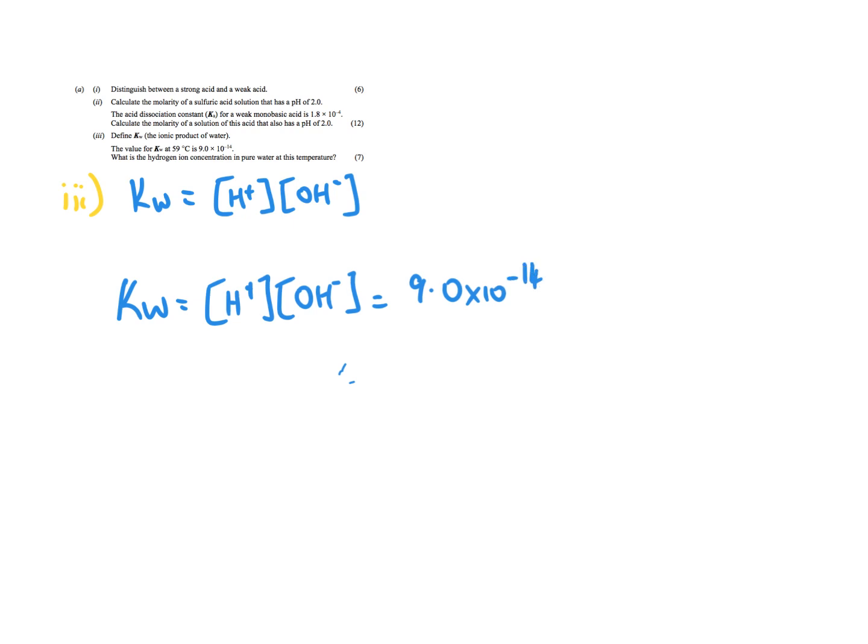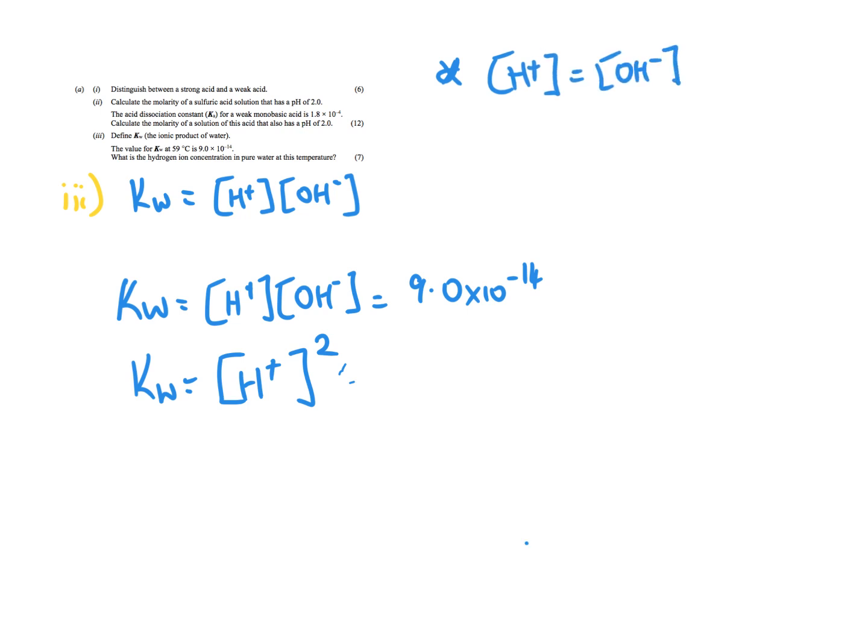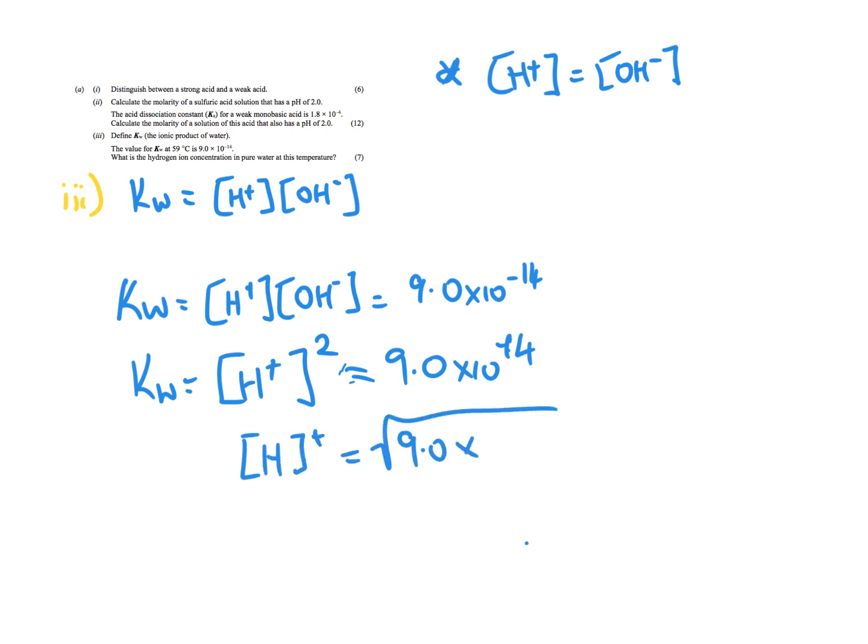We know that the concentration of the H plus and the OH minus ion are equal, so the Kw can be rewritten as H plus squared. So the concentration of the H plus ion will be equal to the square root of 9.0 by 10 to the power of minus 14. That leaves me with the concentration of the H plus ion equal to 3.0 by 10 to the power of minus 7.